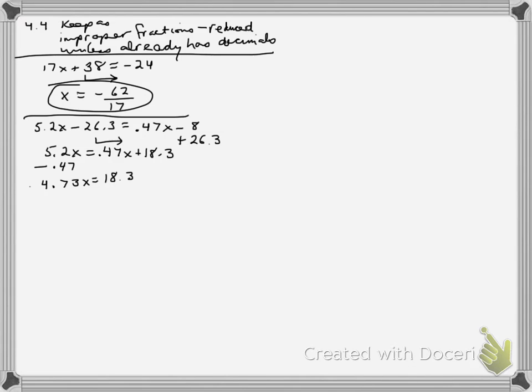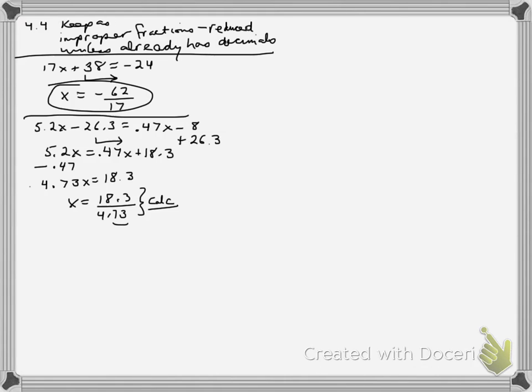So when you divide, then you're going to say x equals 18.3 divided by 4.73. Now, actually, it's just fine for me if you want to use a calculator at that point. That's okay, provided your work is shown everywhere else.